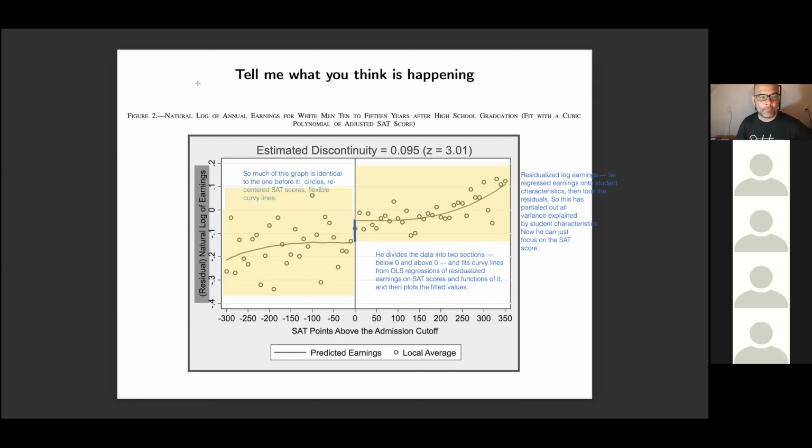That gap, what we will try to learn today is when can we interpret that gap in this picture at the cutoff as causal. Here, it would be the causal effect of enrolling at the University of Florida on log earnings, net of individual demographics.